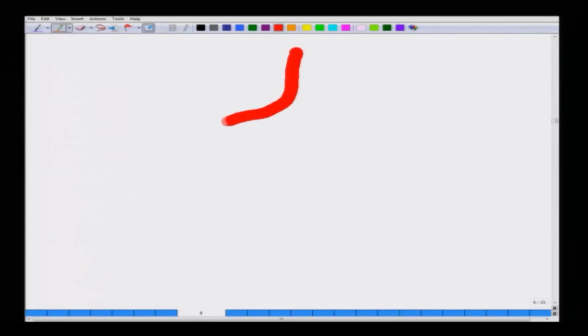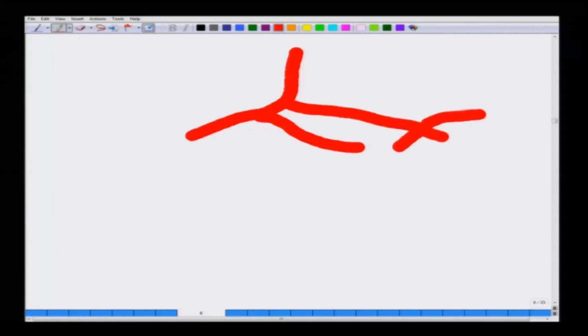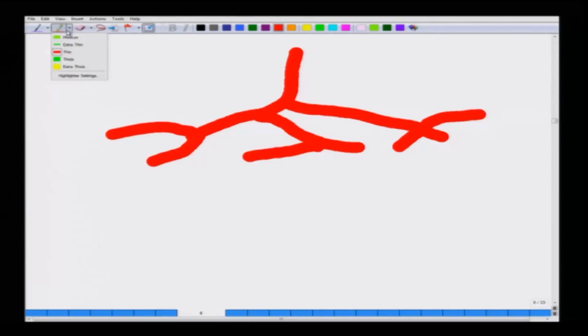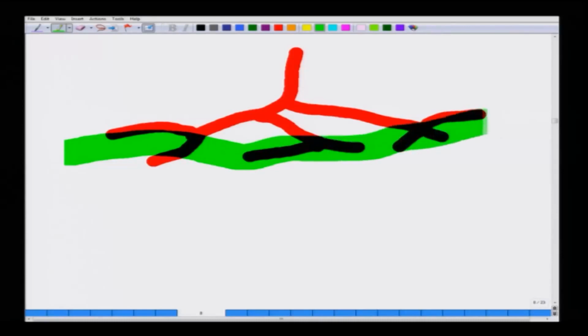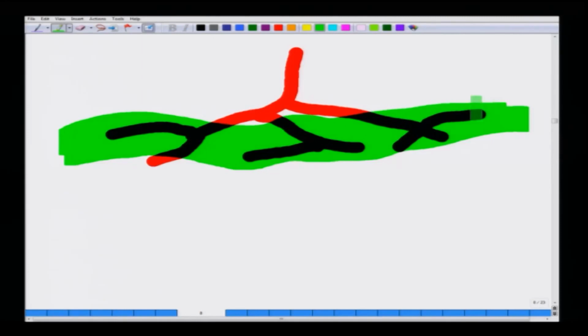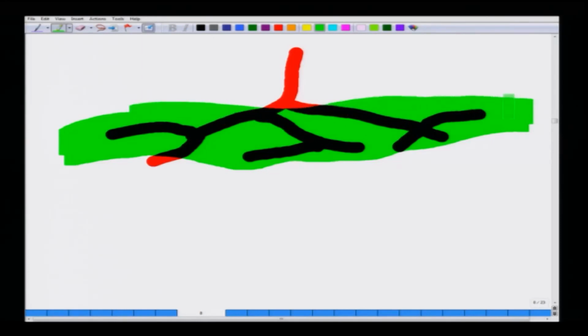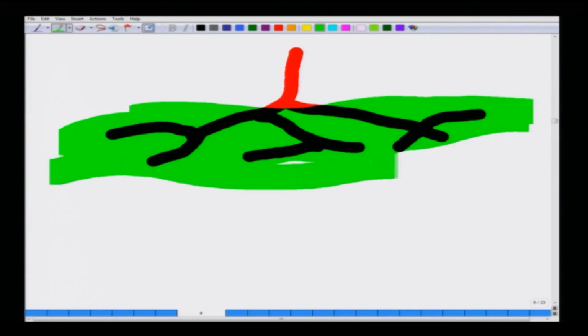So these are the terminals, and this is where the synapses are, right? Like this. This is the muscle. So this muscle has a series of receptors which bind to acetylcholine.